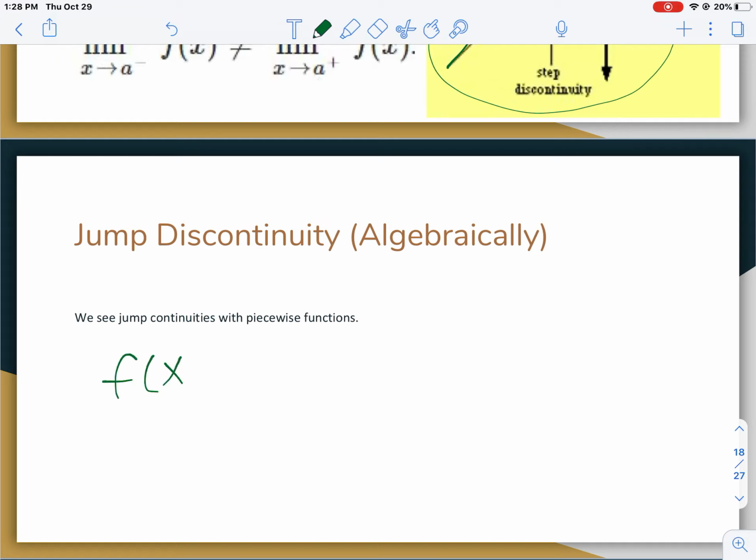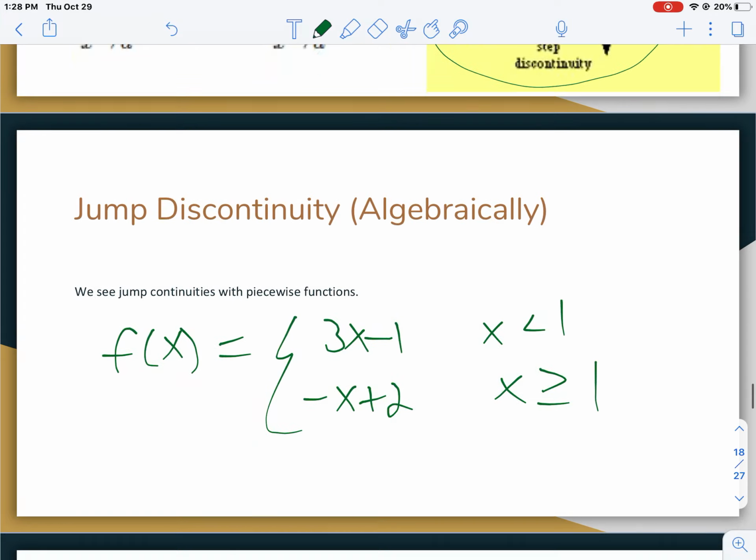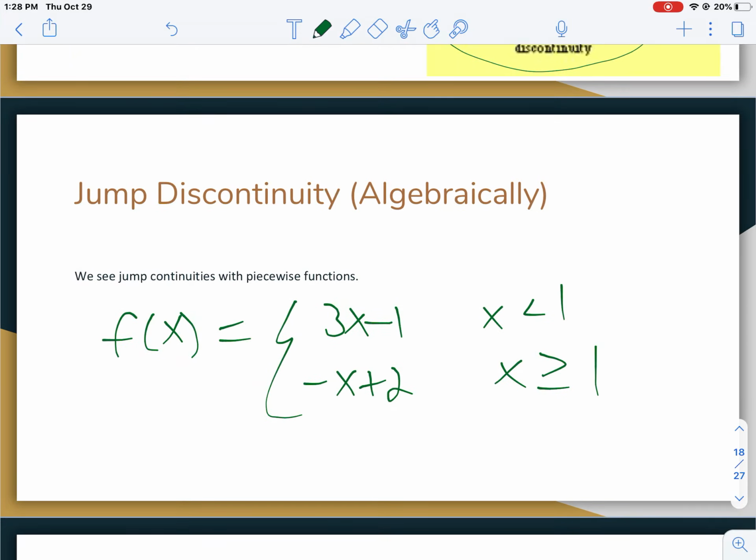For example, if we take a problem I've already done, f of x equals 3x minus 1 and negative x plus 2 for x greater than or equal to 1, the limit as x approaches 1 from the left is 2.